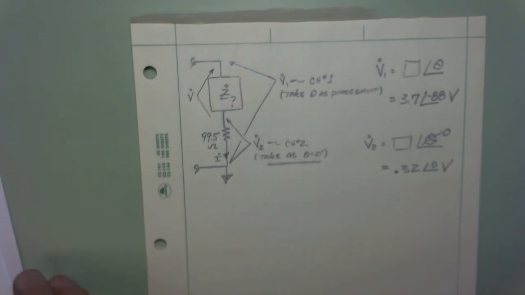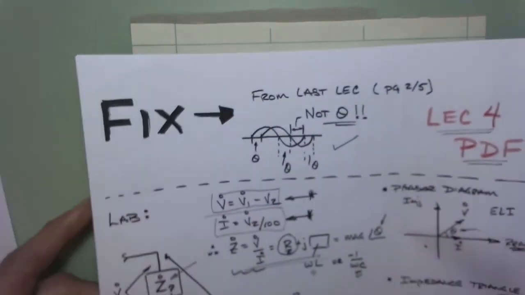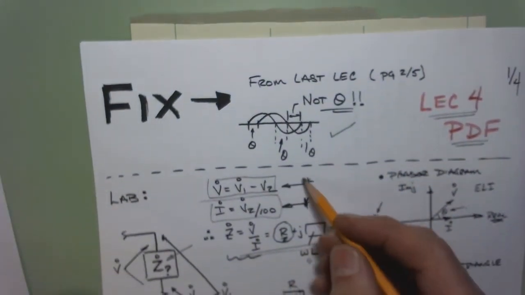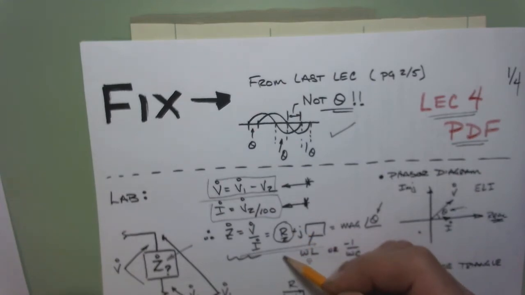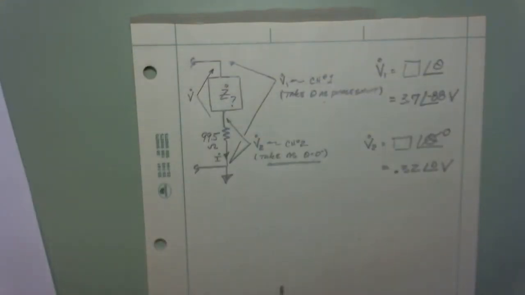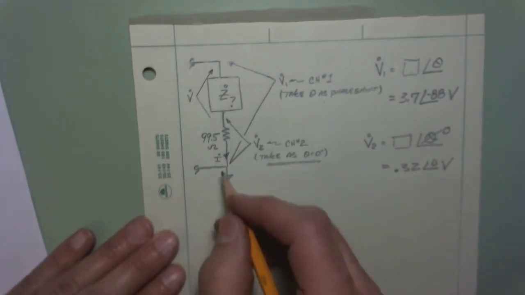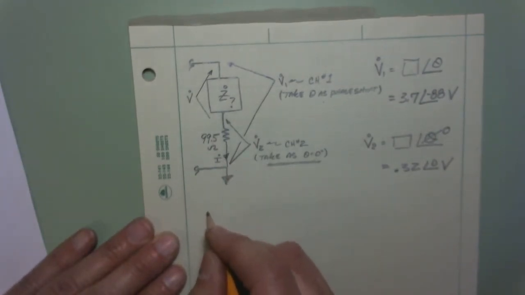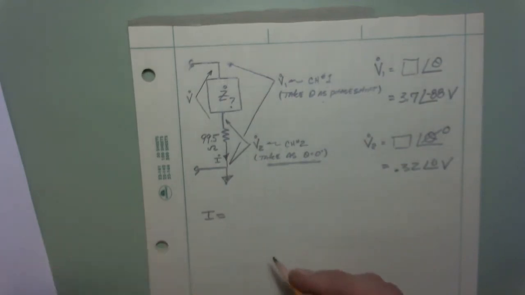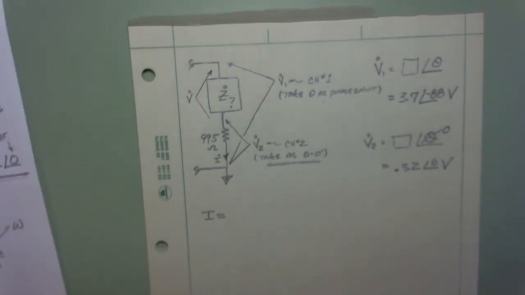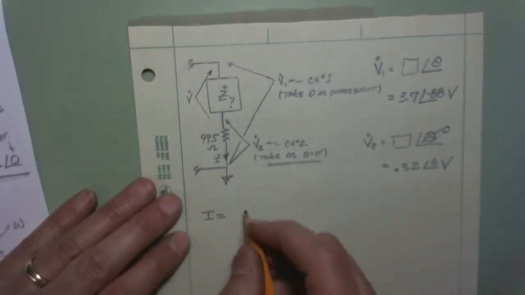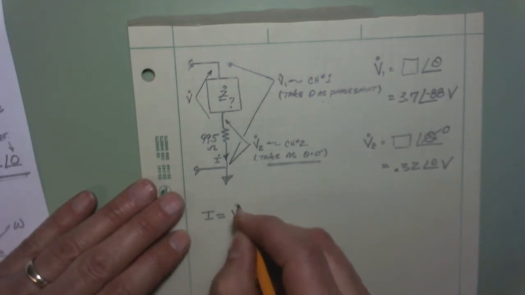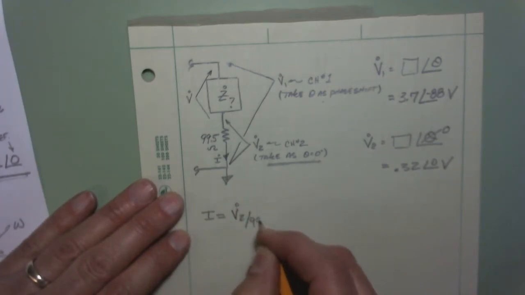And again, if you go back to this lecture number 4, I'm going to work my way right down through here. Okay, if you don't want to go back to lecture 4, that's okay. I'll probably give you enough steps here that you don't need to. So this current I is going to be equal to the voltage 2 divided by that 99.5.